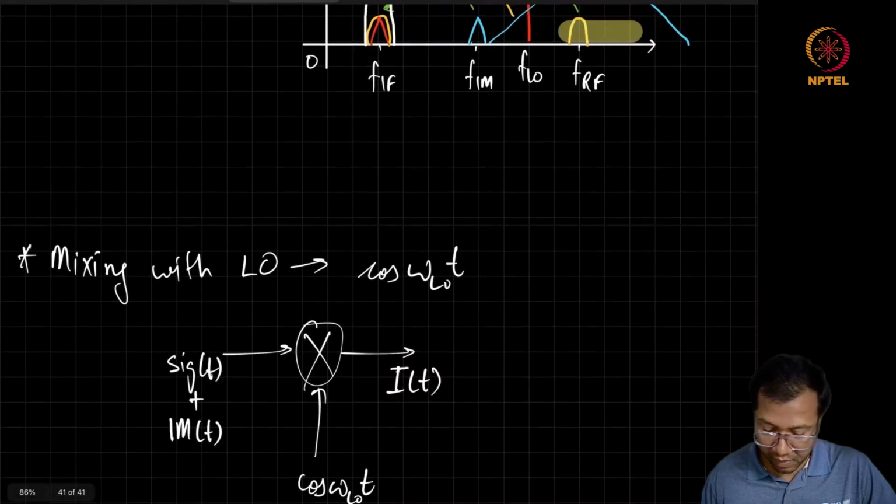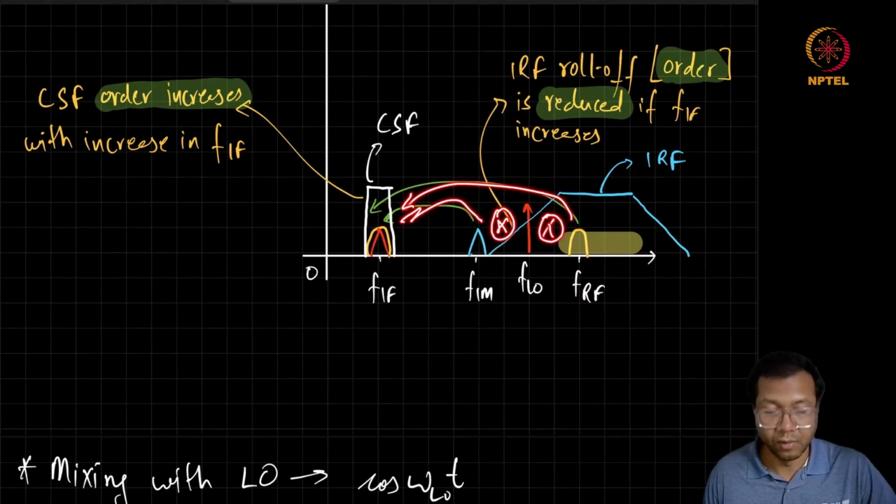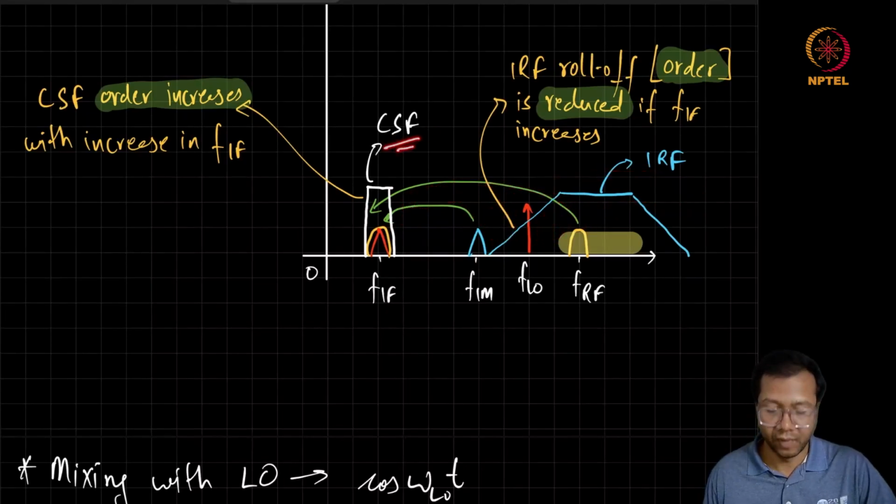If you remember, every time we do this mixing, it not only gives rise to this low frequency component, it also gives rise to components at frequency FLO plus FRF and FLO plus FIM. We will just assume that the channel select filter has filtered these out.